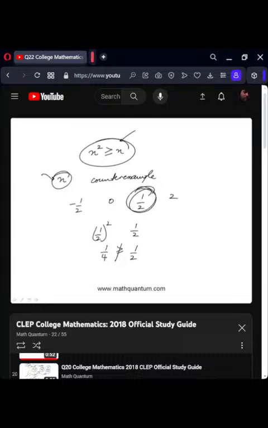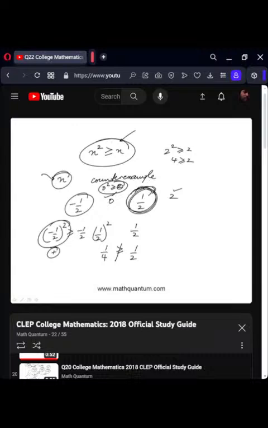The other cases: if we look at 2 squared, yes, that does satisfy it. 0 squared is 0, so they're equal, that also satisfies it. Then minus half squared is indeed greater than minus half, because this will be positive. So the counter example is half. That's choice C.